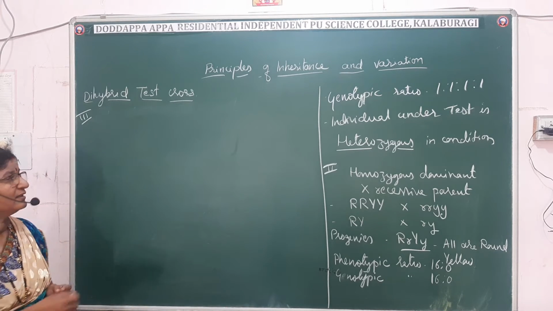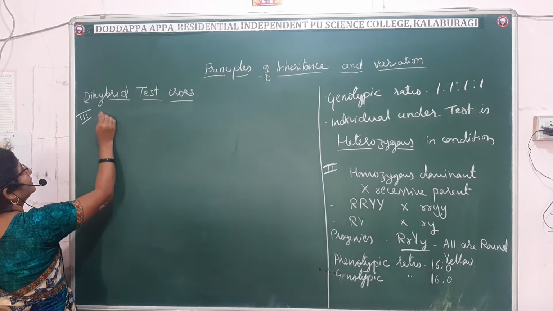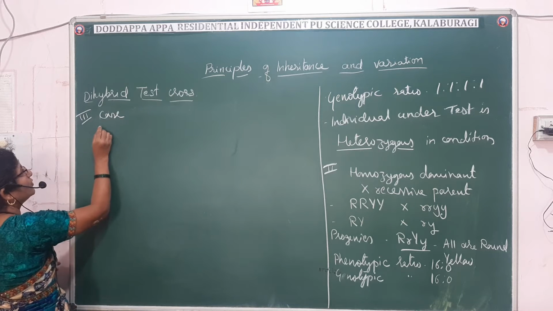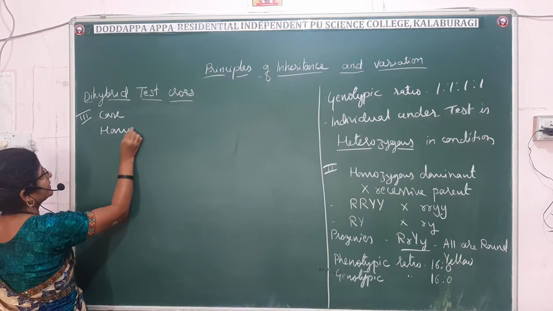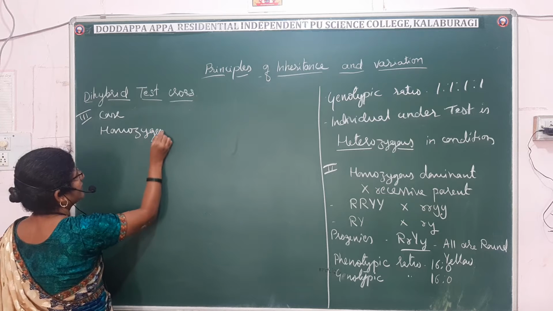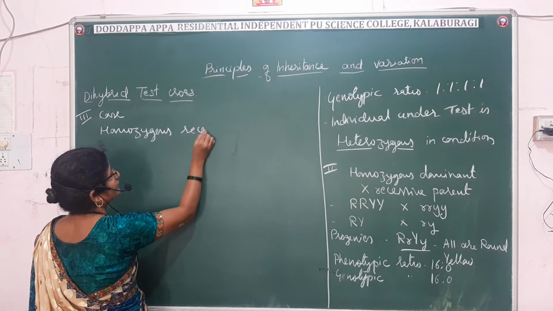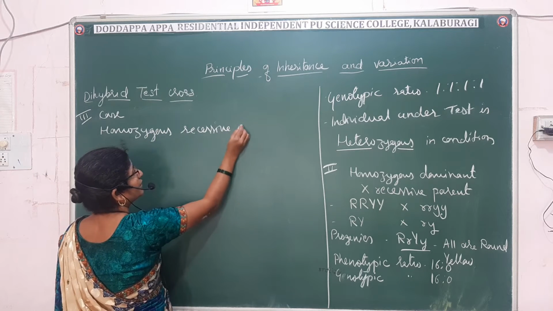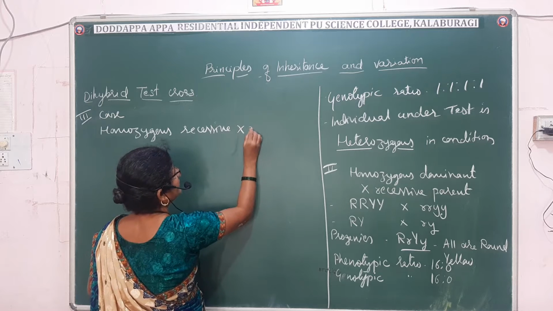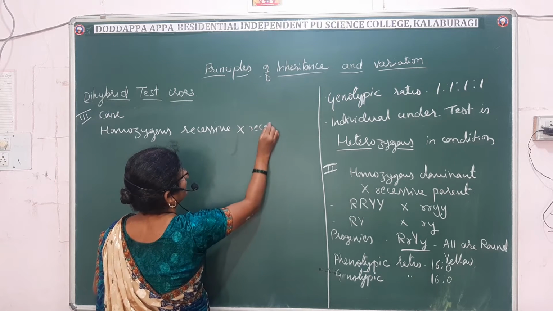Now let me take the third case. Homozygous recessive, let us take. Homozygous recessive crossed with a recessive parent.